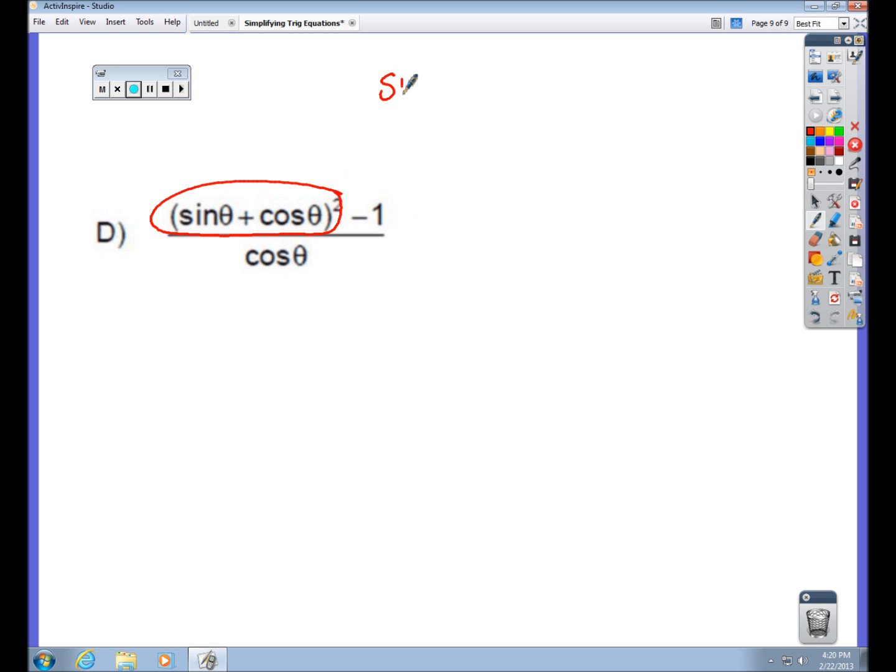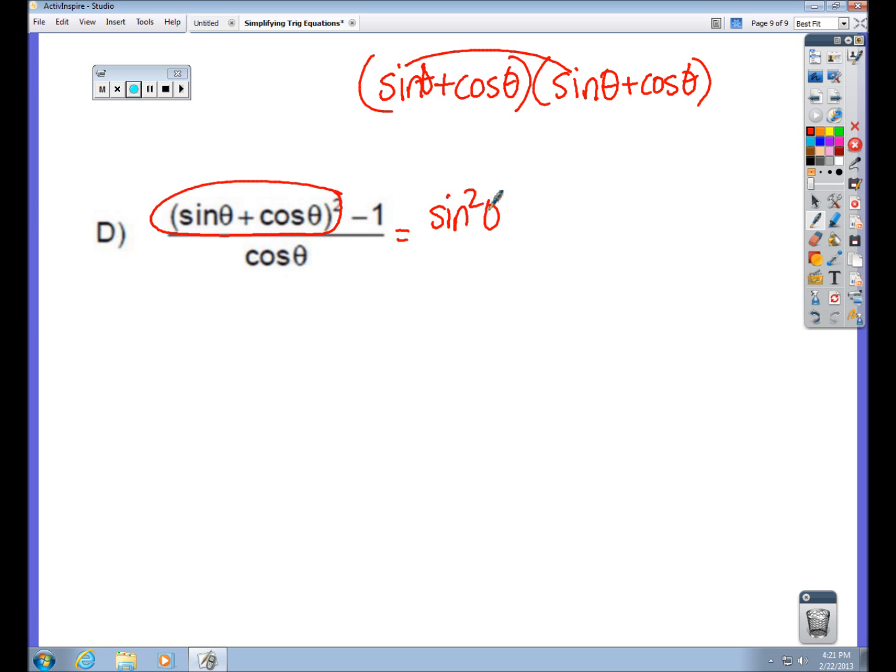Okay, and again, we're going to have to FOIL, and we're going to write it out. Sine plus cosine times sine plus cosine. Okay, so first times first, sine times sine is sine squared. Outside times outside would be sine times cosine.